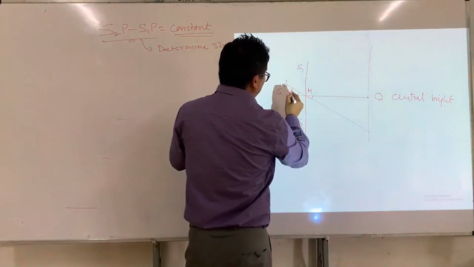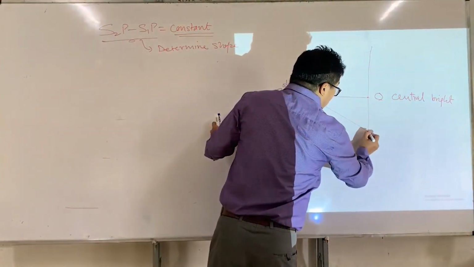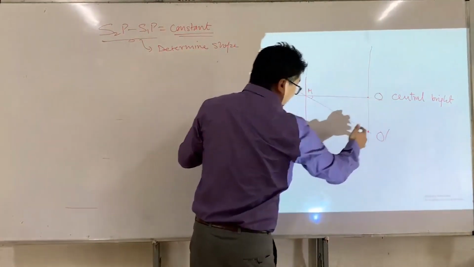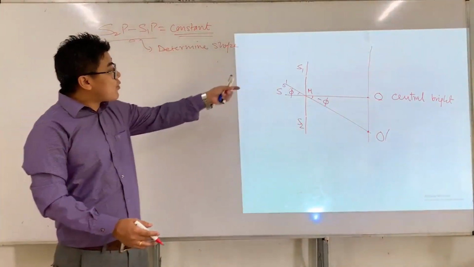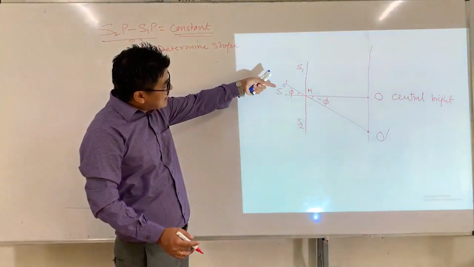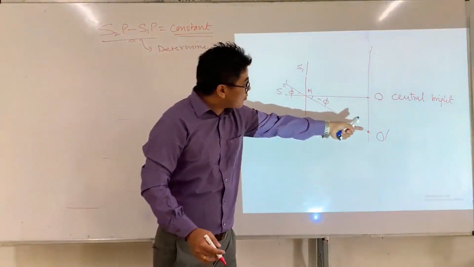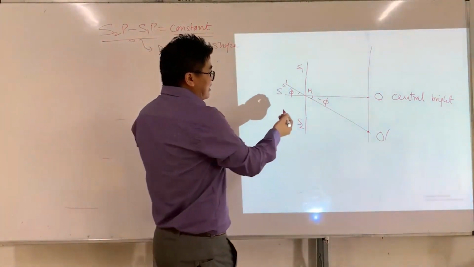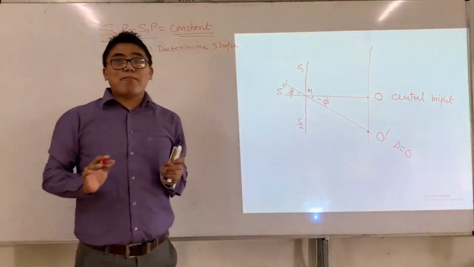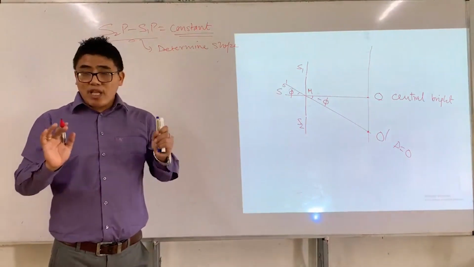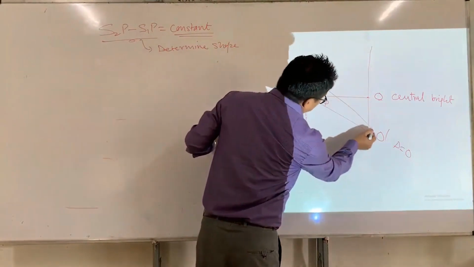Then the central bright would shift down by angle minus phi. So if you push S up, then the central bright would go down. The reason is that whenever we have a central bright, the path difference is going to be 0. How come the path difference is 0?